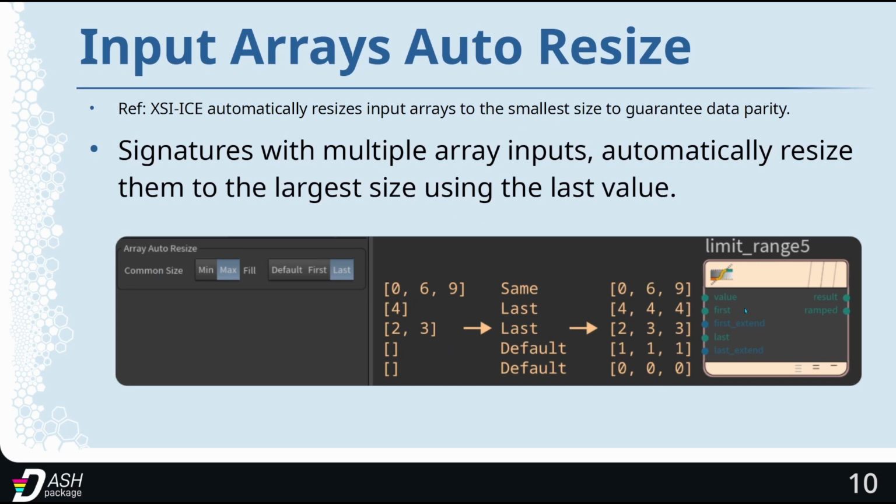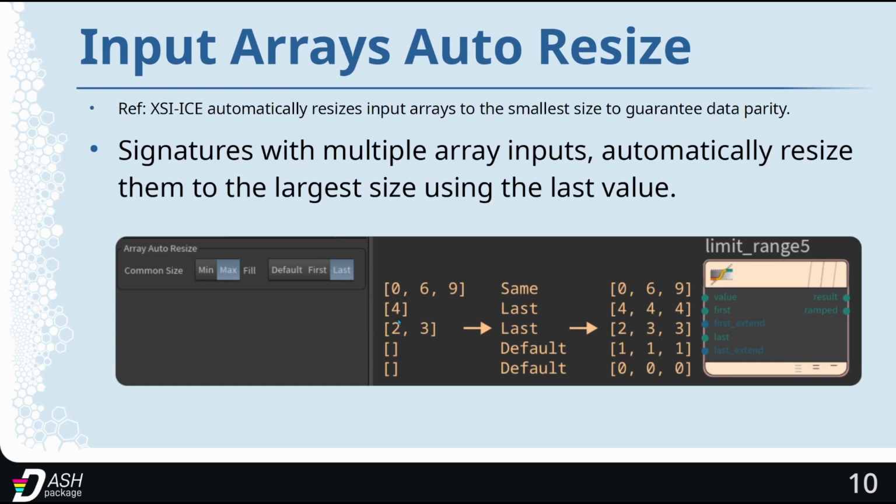So here we have a practical example. I have 5 ports. They are all arrays. The first array has 3 elements, and it's the largest of the bunch, so this one is going to be unchanged. The second one has only 1 element, so it's going to be resized to 3, and the last element is used as the fill value, so 4, 4, 4.